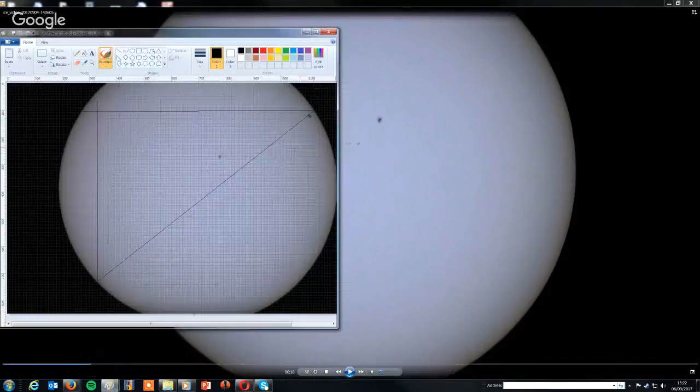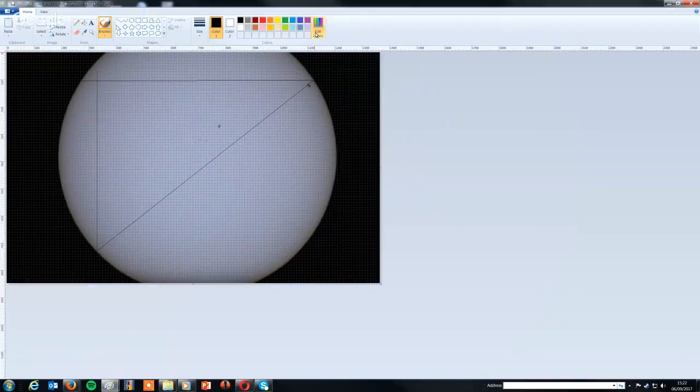so I started off in Photoshop, but I'm not sure if we can see this. Let's put that full screen. Is that any better? Now up here you've got the ISS. So what I did is basically put this into Paint, and I measured just the units across and the units down to make a 3, 4, 5 triangle.